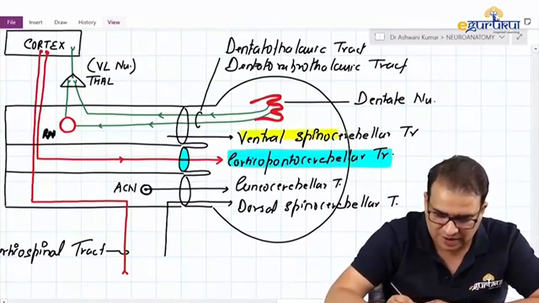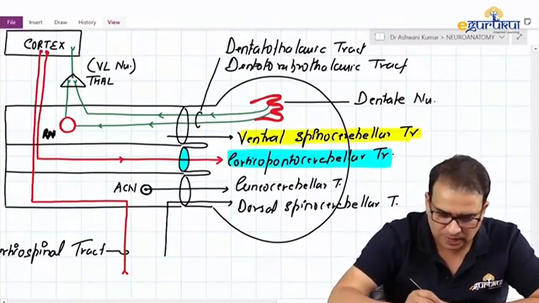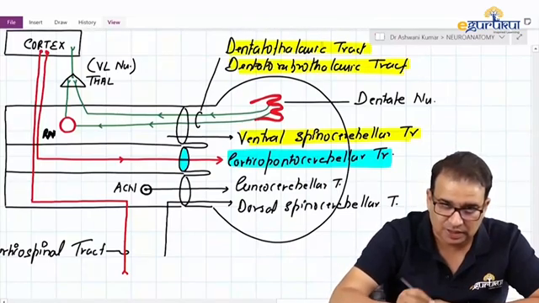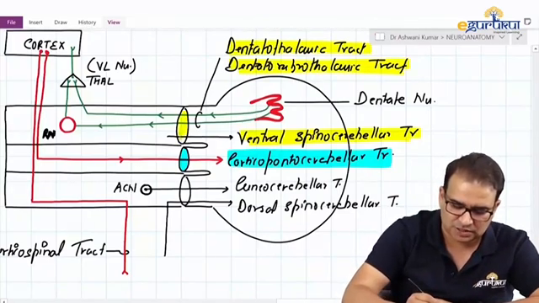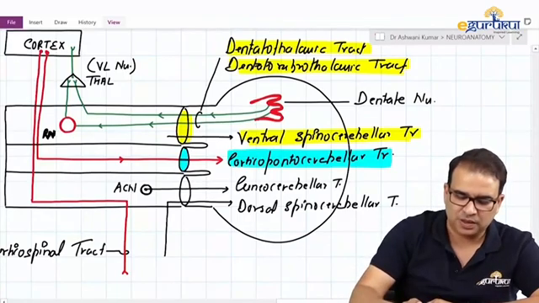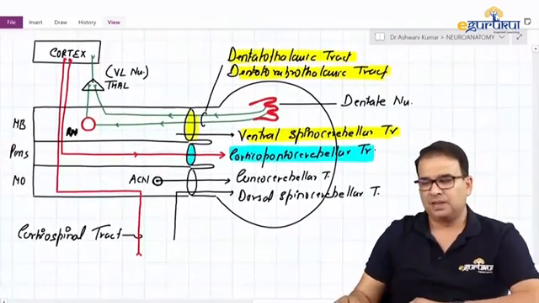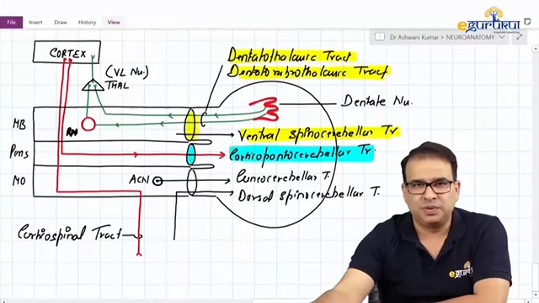So I can say ventral spinocerebellar tract 1, dentato-rubrothalamic 2, and dentato-thalamic 3. These are the three major tracts which are seen going from which peduncle? The superior cerebellar peduncle.